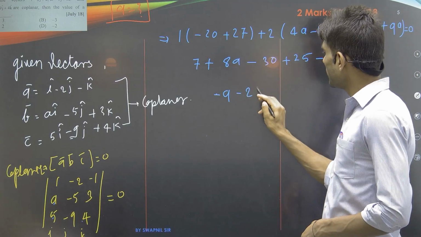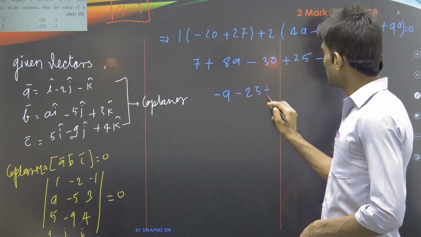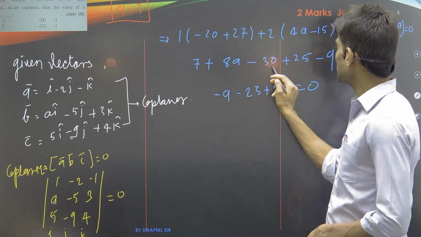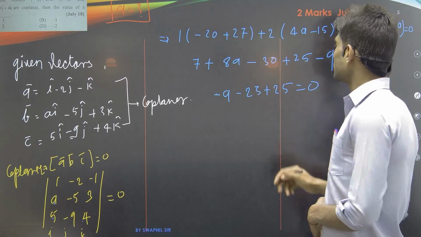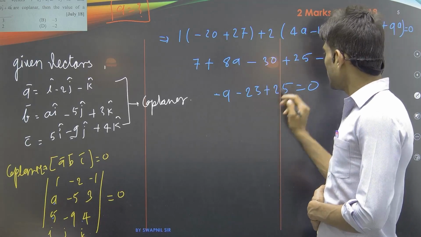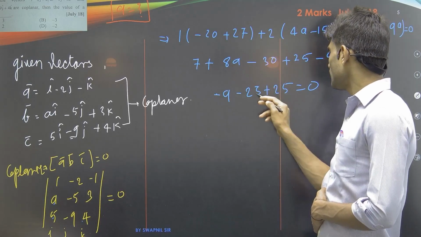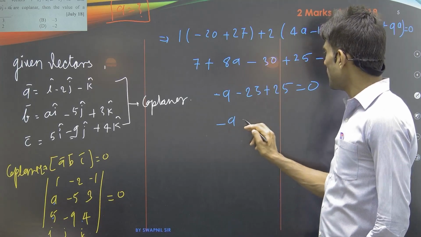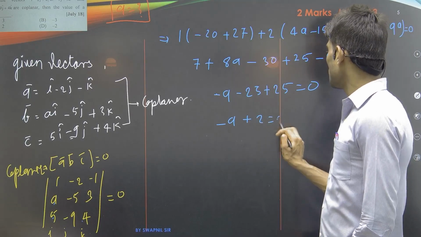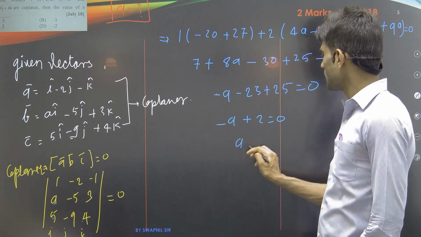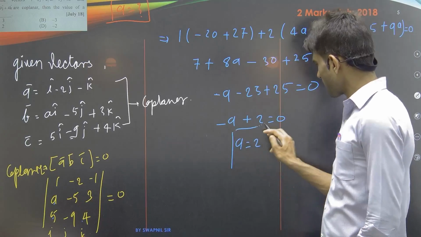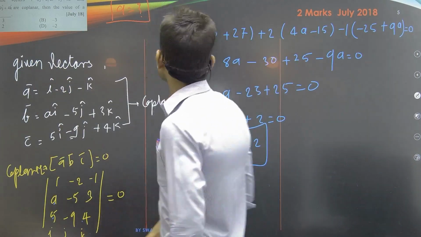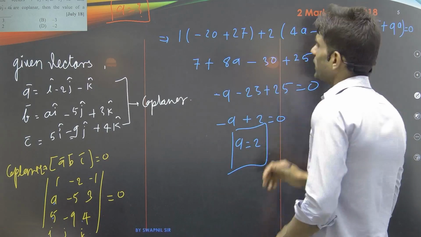So negative 23 plus 25, which is 25 minus 23, goes to negative a plus 2, which is equal to 0. So a gives us the value 2. This is our required answer, which is given in option C. This question was asked in the July 2018 board exam for 2 marks.